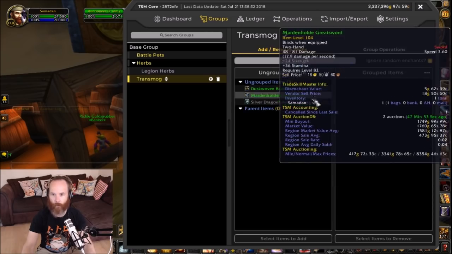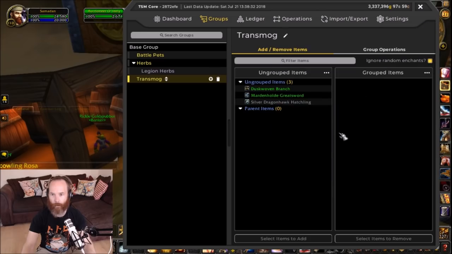And for something like transmog, you want to look at this and decide, okay, well, if someone's just buying this for transmog and they're not worried about the stats, then I want to make sure that if I'm going to undercut everyone, that I'm undercutting the whole group of these items, irrespective of the stats for any one particular type.